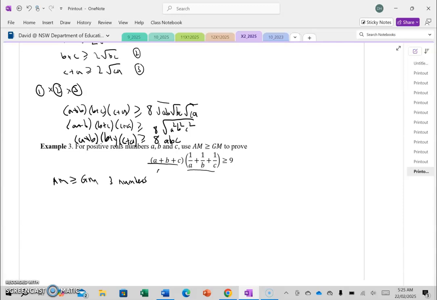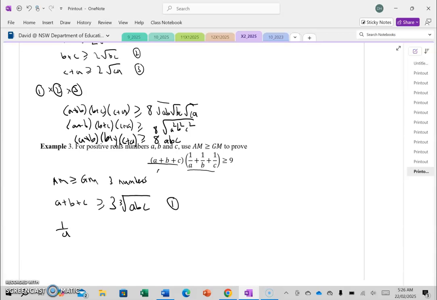So it'll be A plus B plus C. Now you could write on 3, but instead I'm going to move the 3 straight away to the other side. So that's A plus B plus C over 3, greater than or equal to the GM, which would be the cube root of the product ABC. Okay, so that's equation 1.